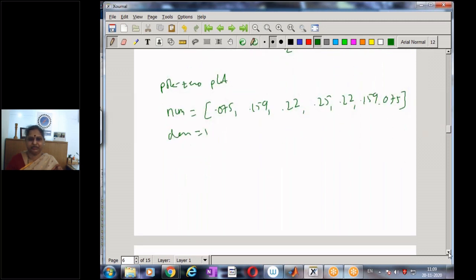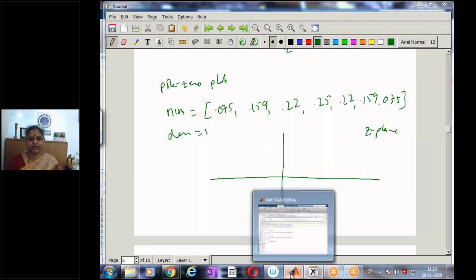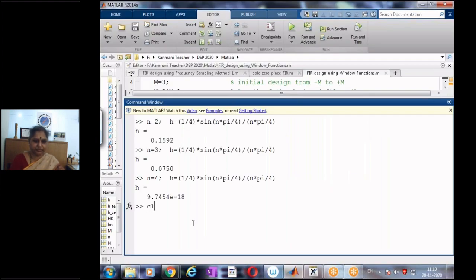Just to check, of course, we know the system is stable, but we can always try that. Now, since factorizing a sixth order polynomial is not that easy, once again, I'll take the help of MATLAB to get the pole zero plot.